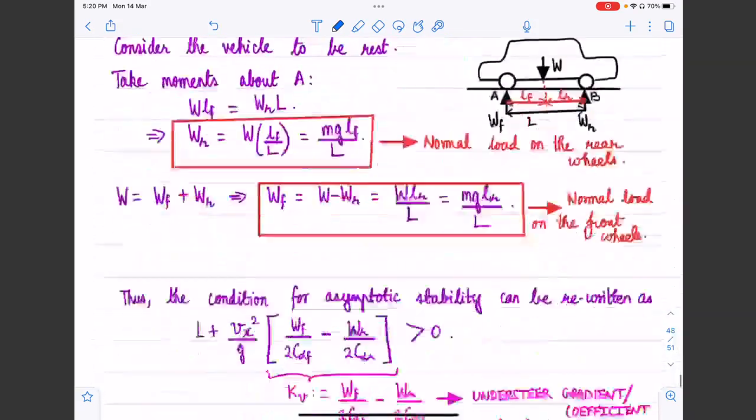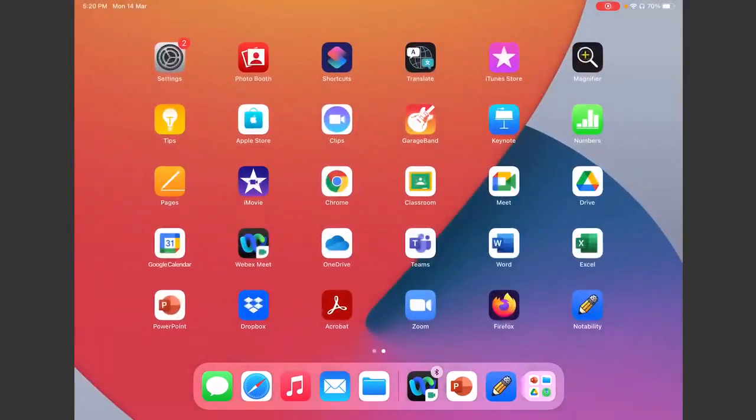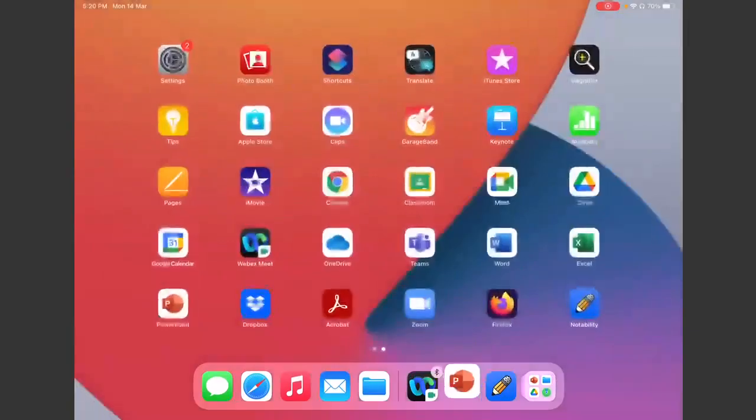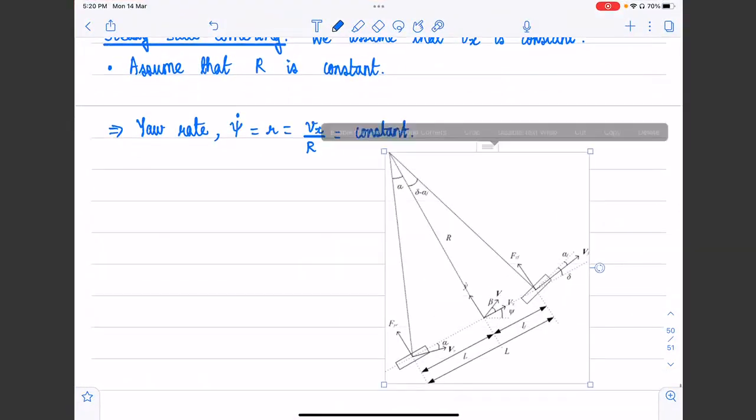However, in this model, R is a constant, which is Vx by R, and R dot is zero. So I hope the scope of this model becomes very clear. Now let me explain what this model is, and then we will derive the corresponding equations.